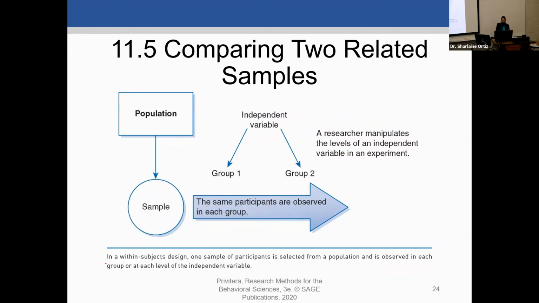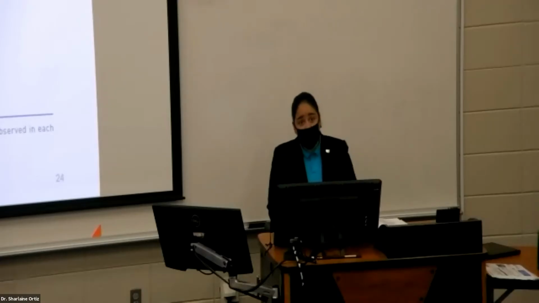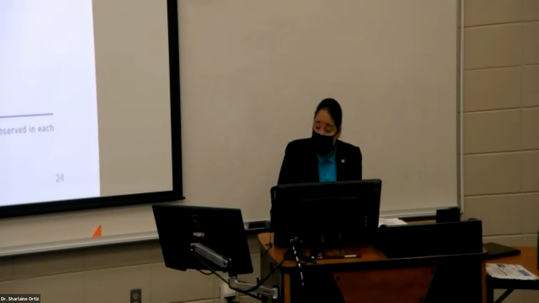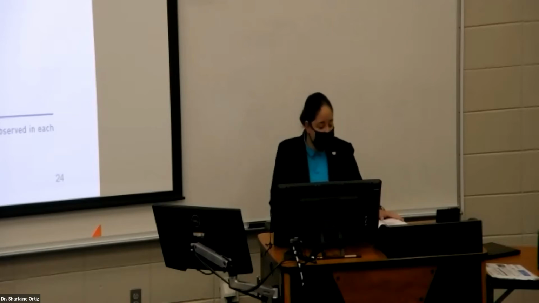So hopefully this is a really good illustration to help you see the specific aspects that would be involved, particularly in regards to the within subjects design. So any questions about that? Good deal. Fantastic.